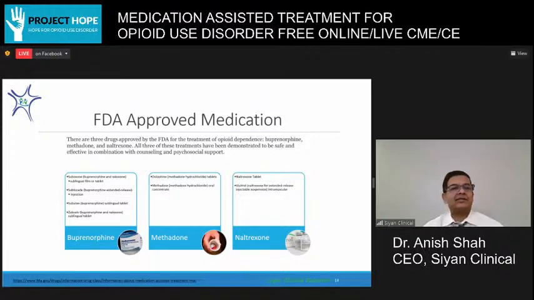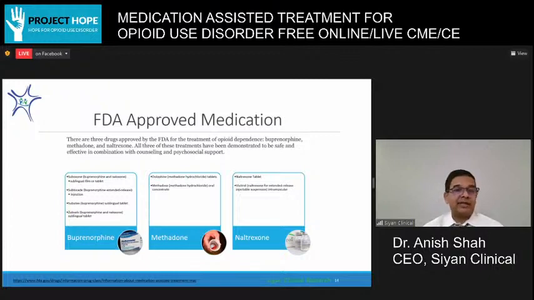The second is Sublocade, which is an injection that patients get once a month, and it has extended-release buprenorphine in it. Then Subutex, which is just buprenorphine without naloxone, and it comes in a sublingual tablet form. And the last is Zubsolv, which is buprenorphine and naloxone, also in a sublingual tablet form.